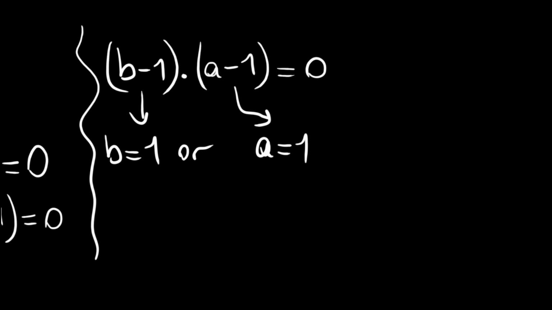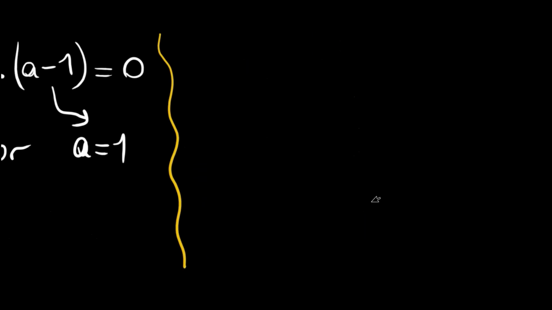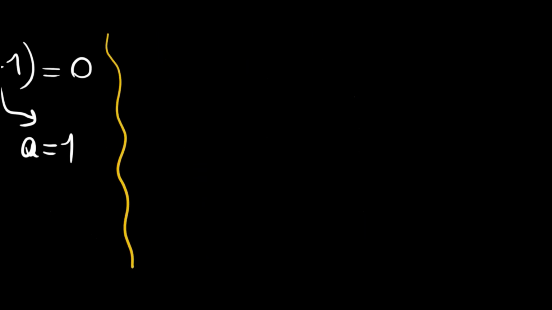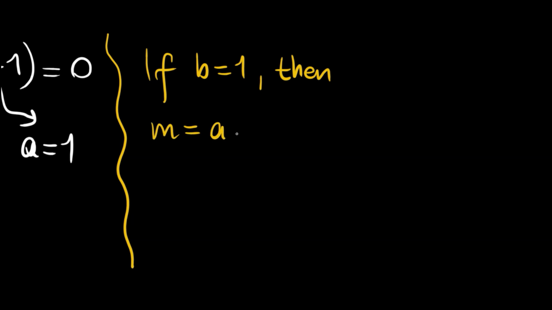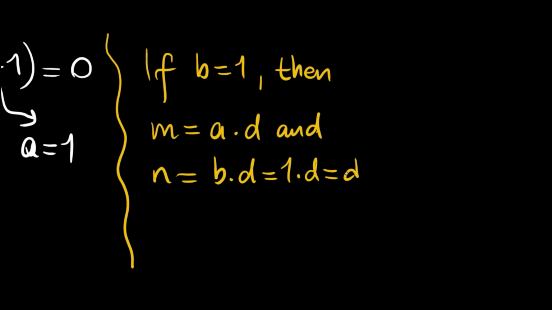Now, if one of a and b is 1, let me show you. If b is equal to 1, then we have m equal to a times d and n equal to b times d, which is 1 times d, which is d.